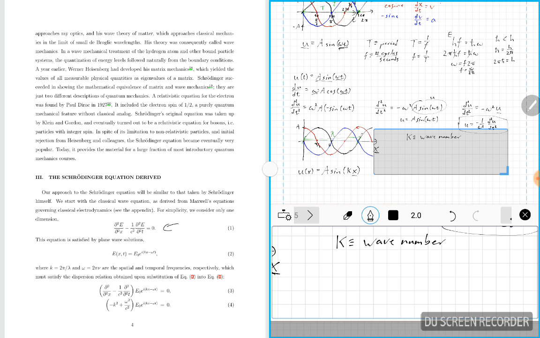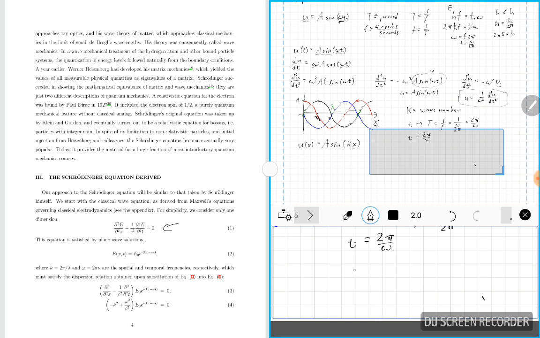So, like for the period, we had that time, we could call it t, would be equal to 1 over f, which would be equal to 1 over omega over 2 pi, or we have 2 pi over omega. So my time t is going to be 2 pi over omega.